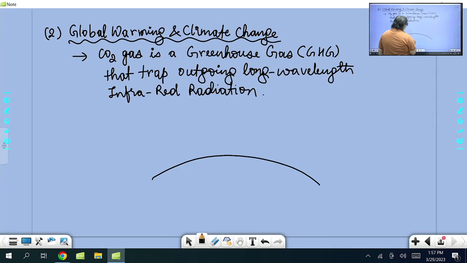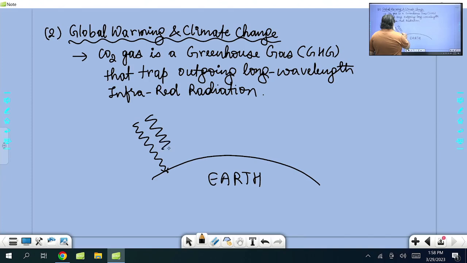Let's say this is the earth, made of continents and ocean. When sunlight reaches the earth's surface, a part of it gets reflected, which is called the albedo effect, from ice or smooth surfaces.